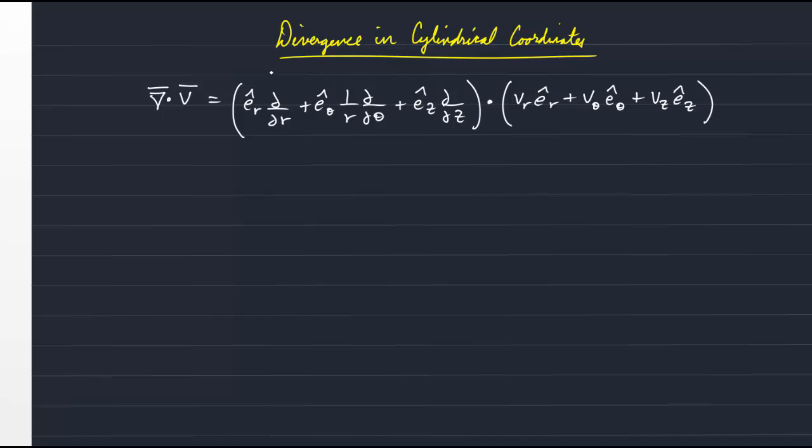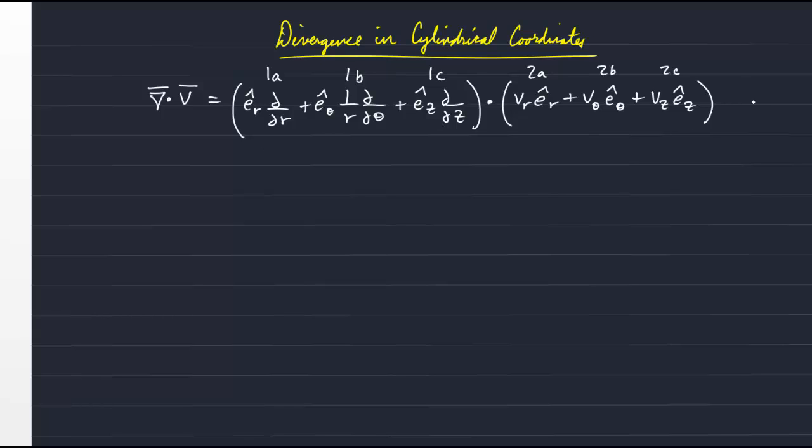So the first term has term 1a, 1b, 1c, and the second term has 2a, 2b, and 2c. So we're going to have to apply 1a to each of the 3 terms in the second term, 1b to each of the 3 terms in the second term, and so forth.